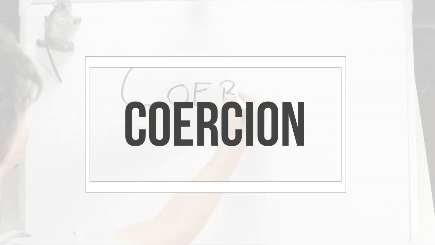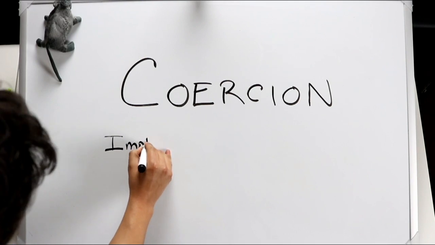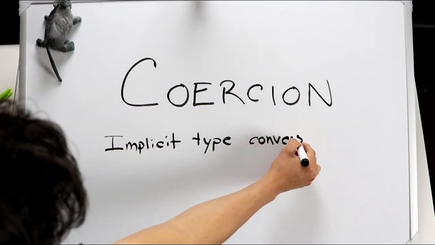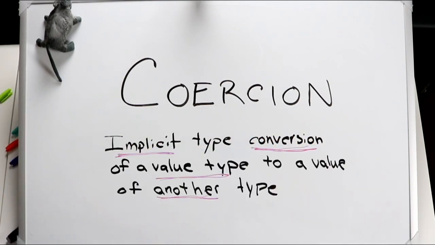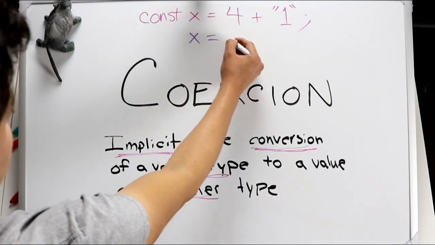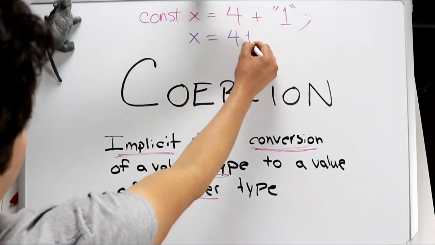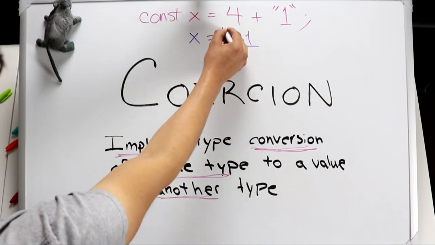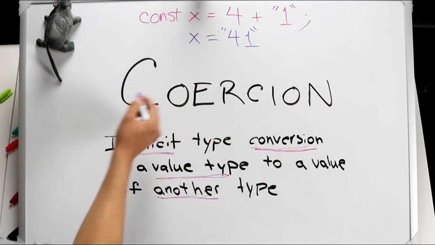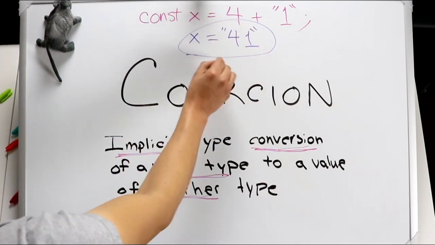Coercion. Now, what is coercion doing with types in JavaScript? Now, this is an implicit type conversion of a value type to a value of another type. Here we have an example. Here we have 4 plus 1. The 1 is a string, and as a result we have 41.